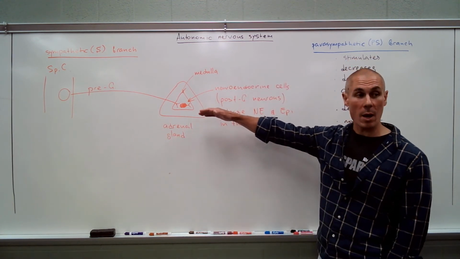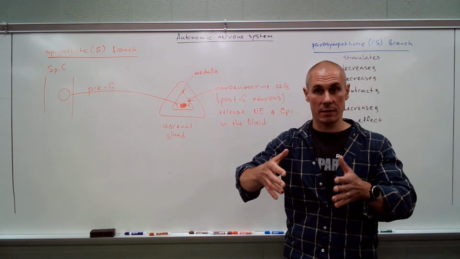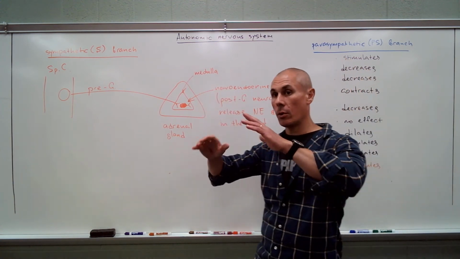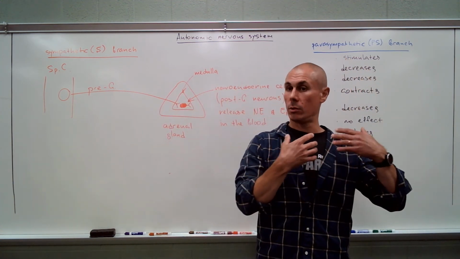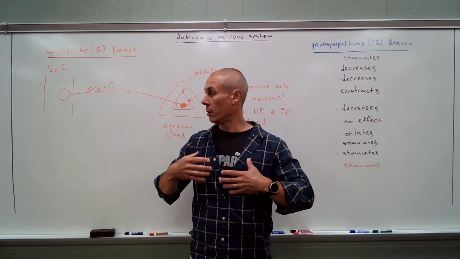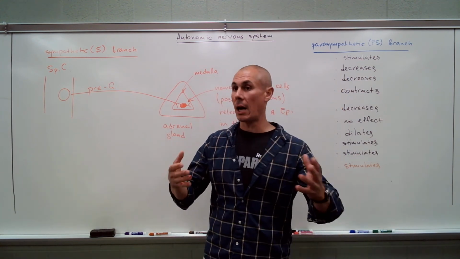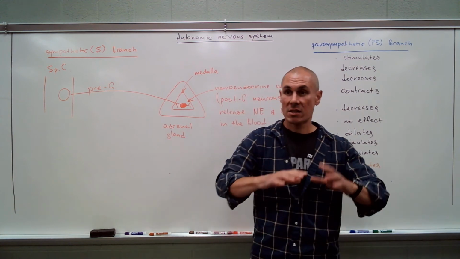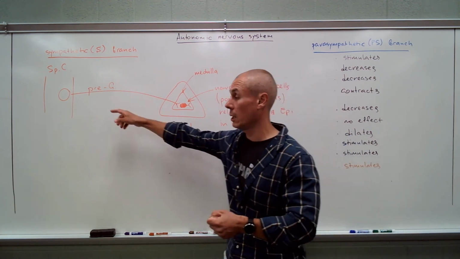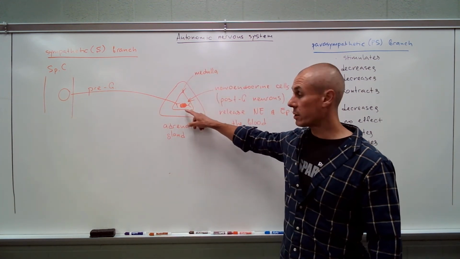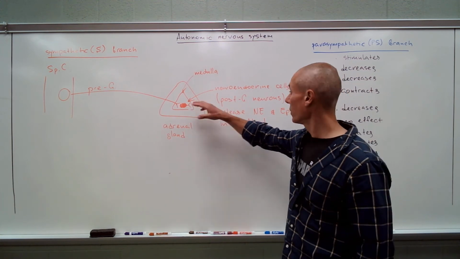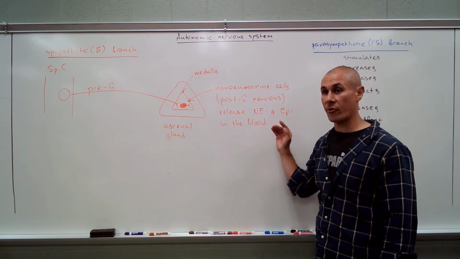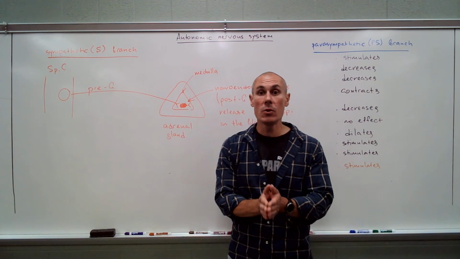So what happens, you have sympathetic activation, which will, through various fibers, stimulate your cardiac activity, dilate your bronchi, inhibit digestive, and so on and so forth. But what's important, some of that signal will stimulate those neuroendocrine cells to release norepinephrine and epinephrine in the blood.